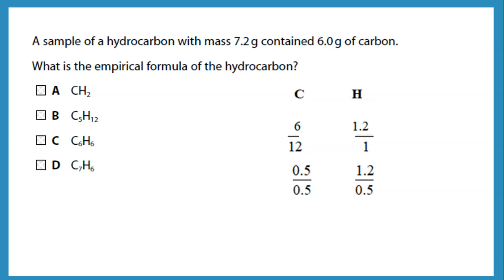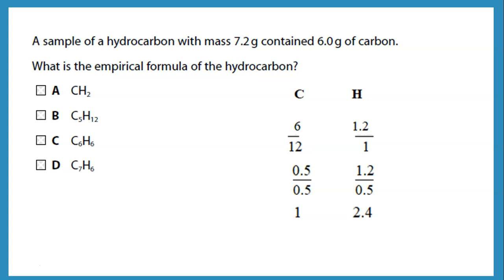And that means I end up with what? I end up with 1 and 2.4. Now, if we have 2.3 or 2.4 or 2.5 or 2.6, do not round them up. Don't say that's 1 to 2. No, it's not 1 to 2. If it is something in between like this, then we need to find a number that I can multiply throughout to change it into a whole number.